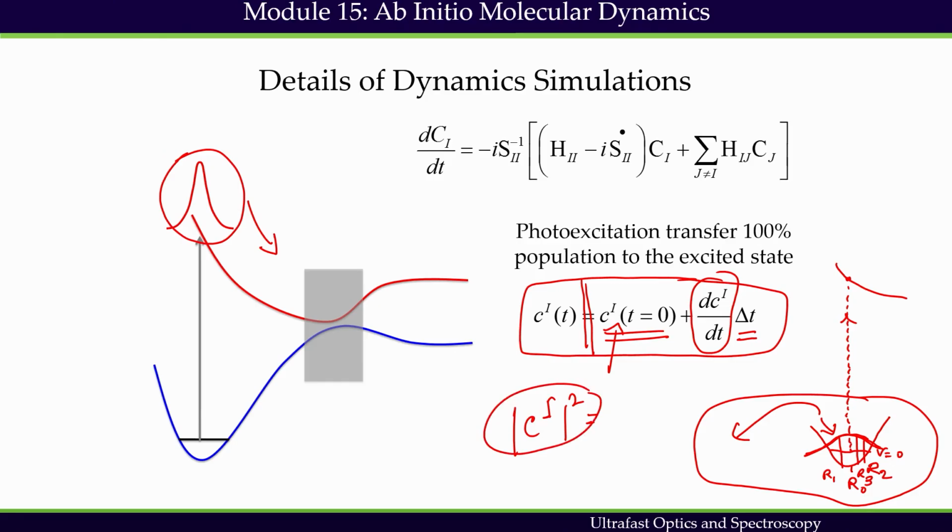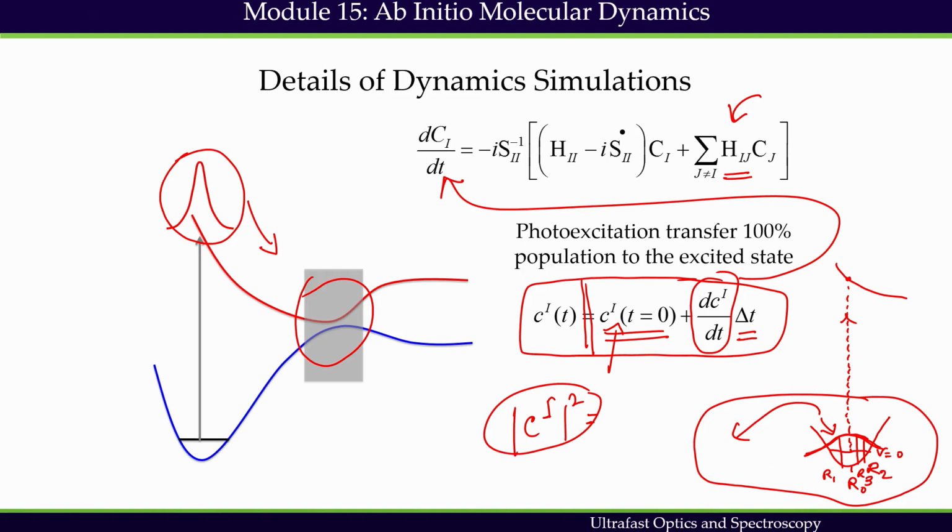So, we know the coefficient value at t equals 0, and after time delta t, the value of the coefficient depends on this derivative, and this derivative depends on these matrix elements, and these matrix elements are quantum mechanical effects, because they have a coupling term Hij, and we know that the Hij term exists when we are near the conical intersection or surface crossing regime.